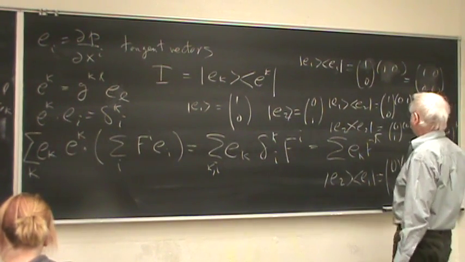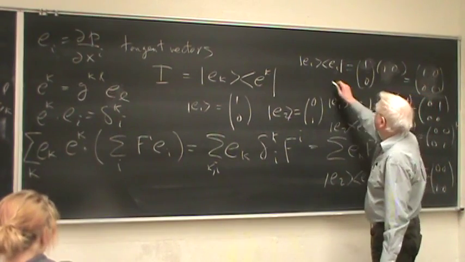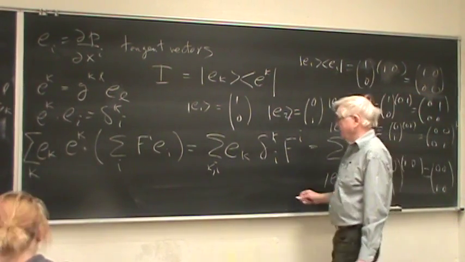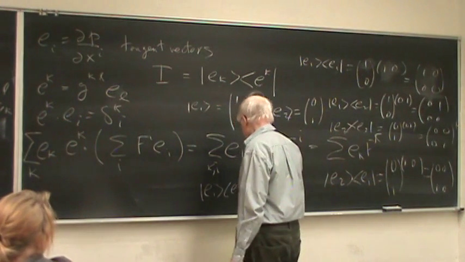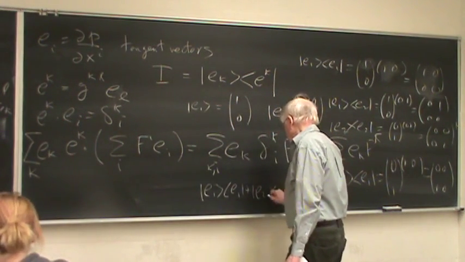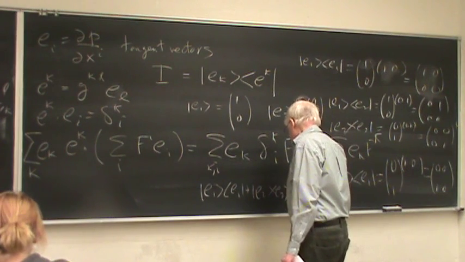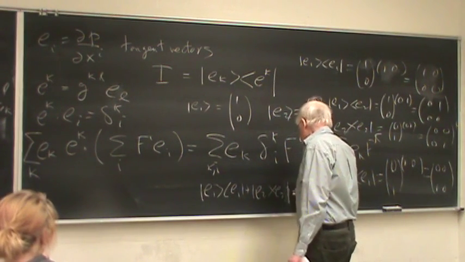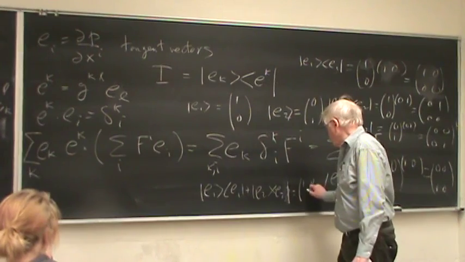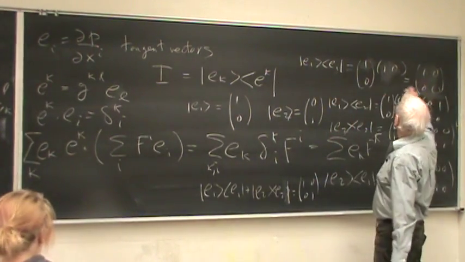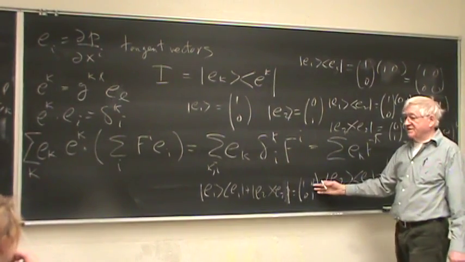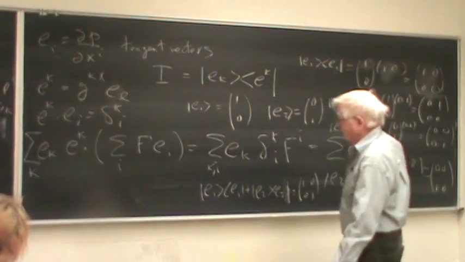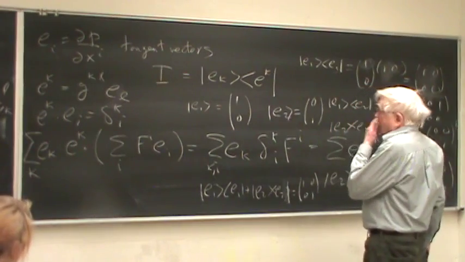So you see that if you have E2, E2 plus E1, E1, this is then 1, 0, 0, 1, because you add this one plus that one. And that's the identity operator, or the identity matrix.